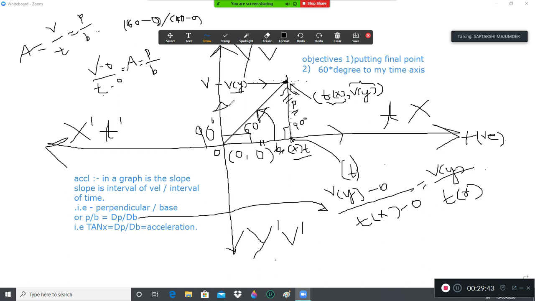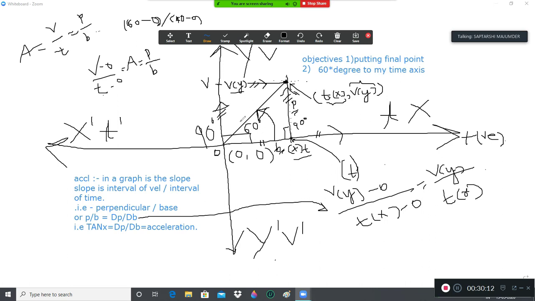So this line is parallel to this line, and this line is parallel to this line. Okay, understood? Use scientific words: the two horizontal lines are parallel to each other and the two vertical lines are parallel to each other.